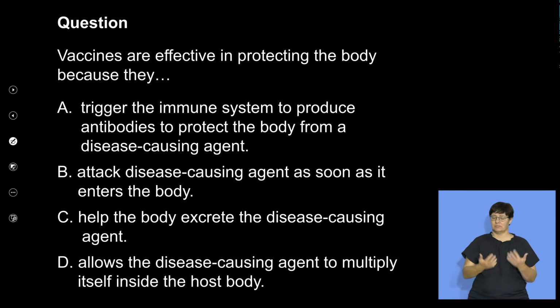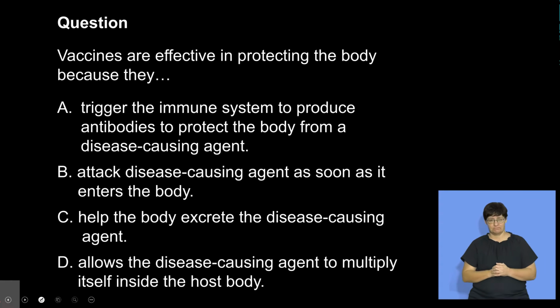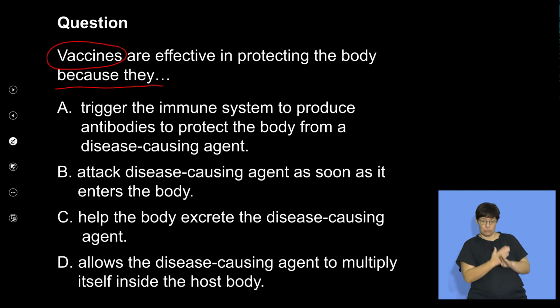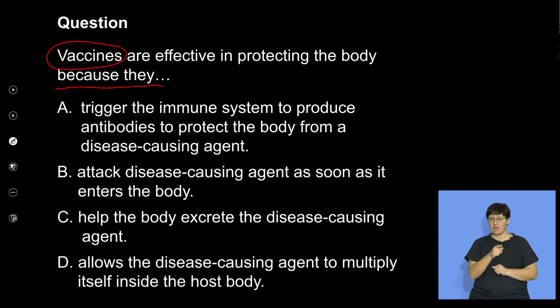Our next multiple choice question is about vaccines. Vaccines are effective in protecting the body because, again, why are vaccines so important? What do they do? Number A, they trigger the immune system to produce antibodies. Yes, they do.